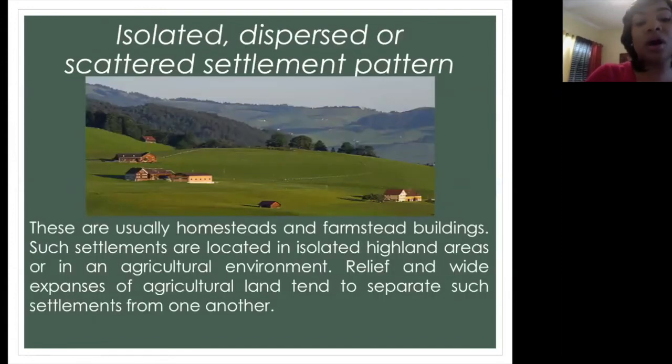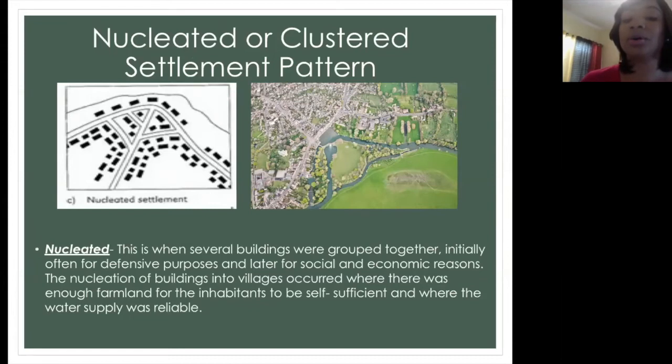We had about 1, 2, 3, 4, about 5 buildings that are separated all over that farmland area. Here, you are able to see numerous amounts of buildings, okay? And these buildings are actually more closely knitted, or as it is stated in our title, more clustered.